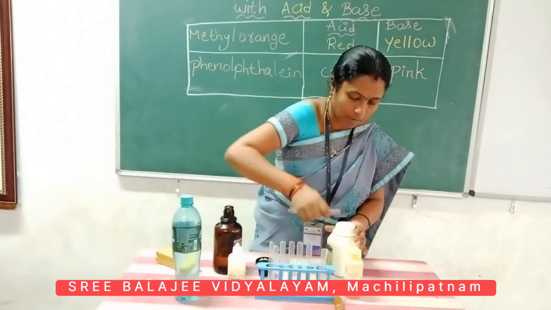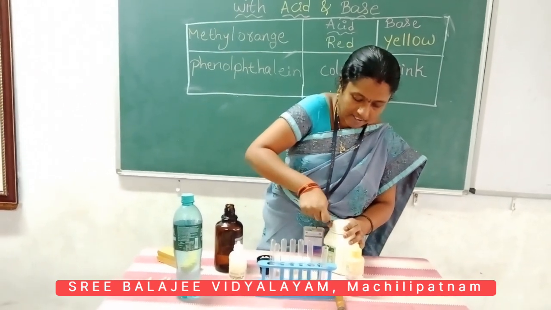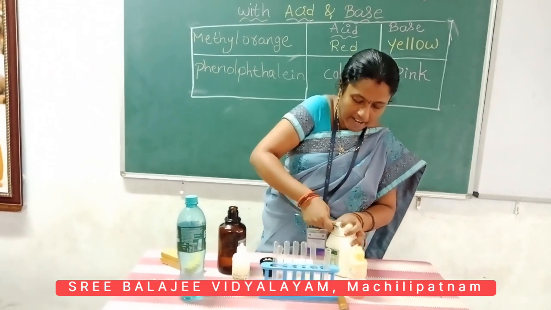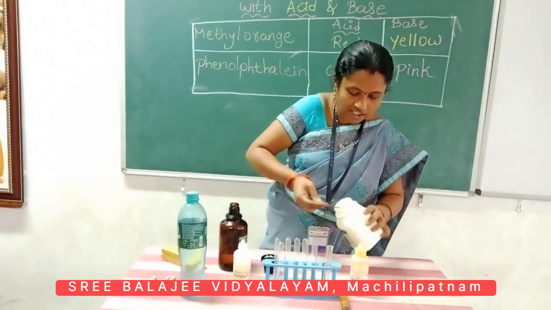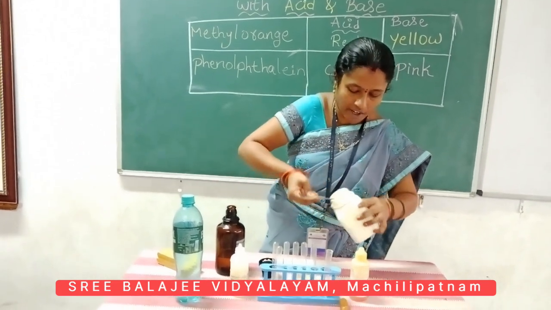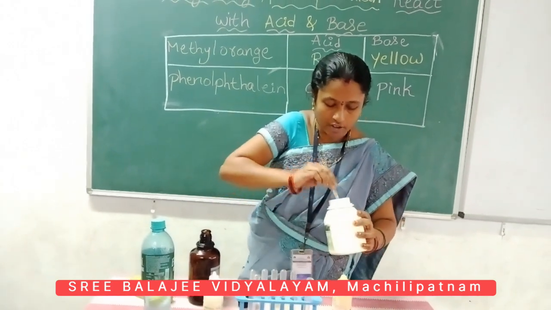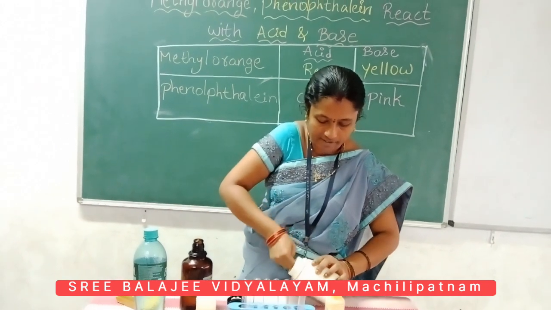And in the second test tube, I take some amount of sodium hydroxide pellets. Sodium hydroxide is a strong base. This is a spatula. I take a small amount of sodium hydroxide pellets.